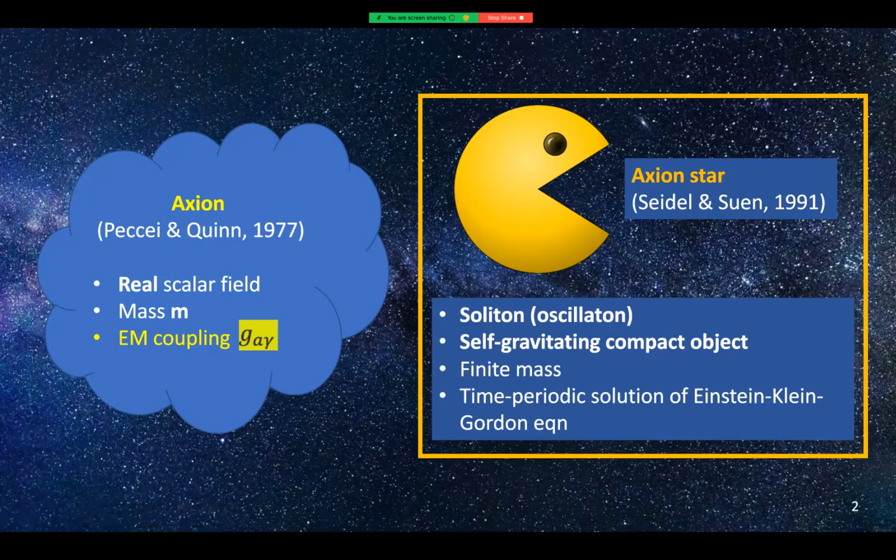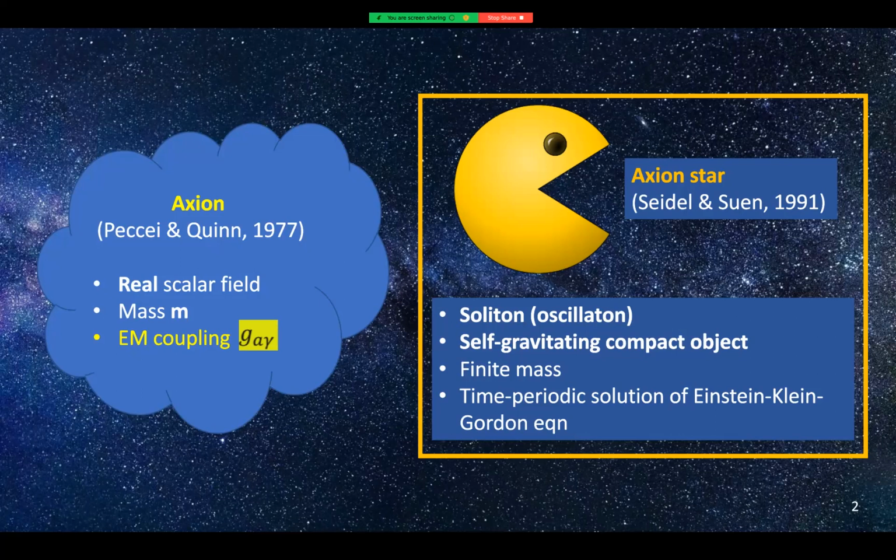Now, an oscillaton has that name essentially because it's a stable field configuration, but it's oscillating, meaning the central field value, and I mean all the field values, are basically oscillating. So if you look at, for example, my field value in the center of this field configuration, it's going to be constantly oscillating, and you will see that later in a video, and that's kind of crucial for the phenomenon I'm going to show you that will happen to these axion stars.